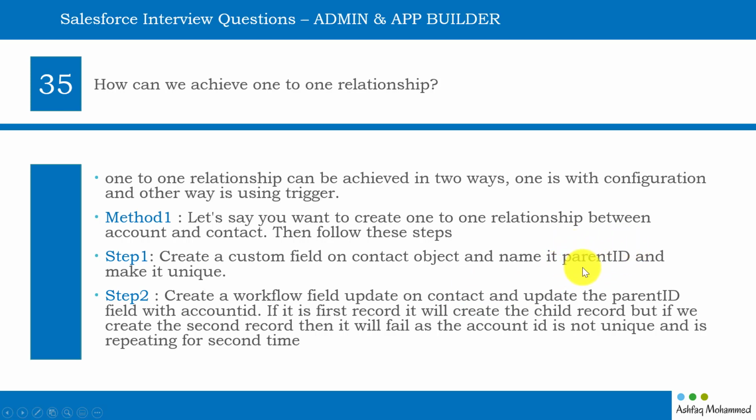So the second time, the workflow runs and tries to insert that unique ID of the parent one more time, it will stop and give you an error saying this parent ID is unique. You can't do anything. This is the first method.